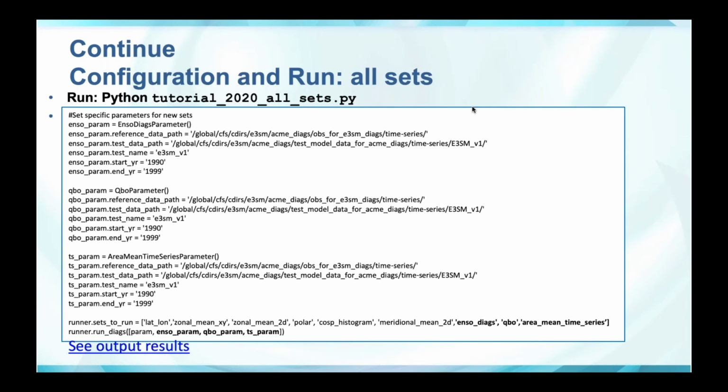The start year and end year are used for selecting the time segments from the time series files. In this example, we use the same time period for each analysis and for both test and reference data, but they can be set differently. Lastly, the new sets are specified and the additional parameter objects are passed into the E3SM Diagnostics runner.